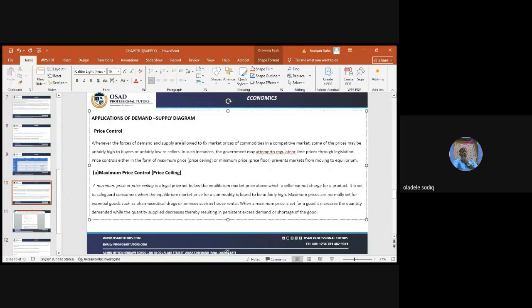Sometimes when the forces of demand and supply fix a price, those prices may be unfairly too high for the people that want to buy, or too low for the people that want to sell.